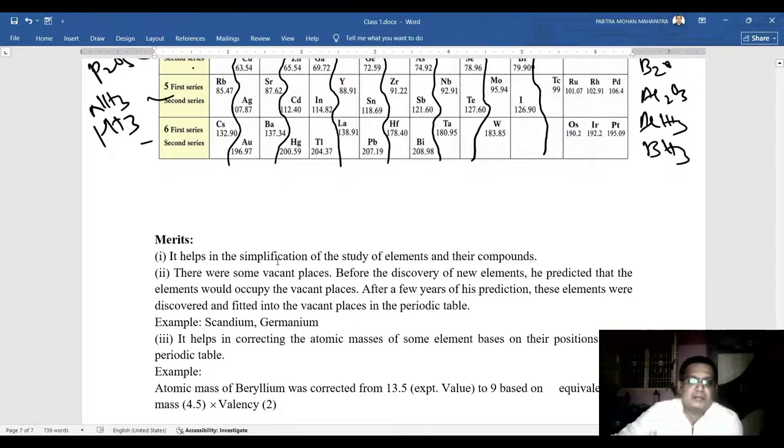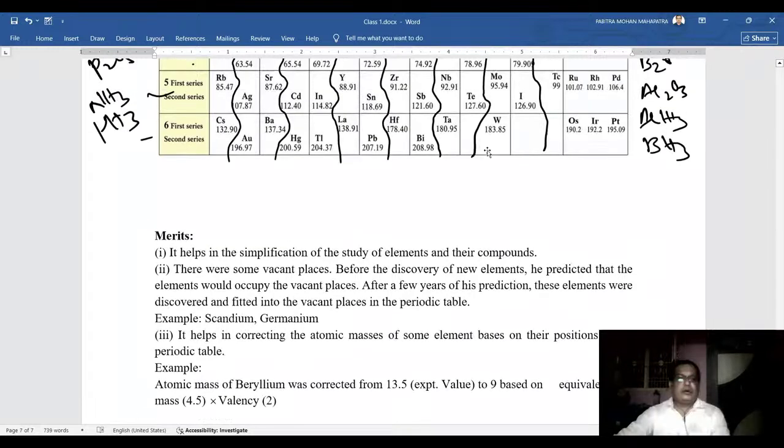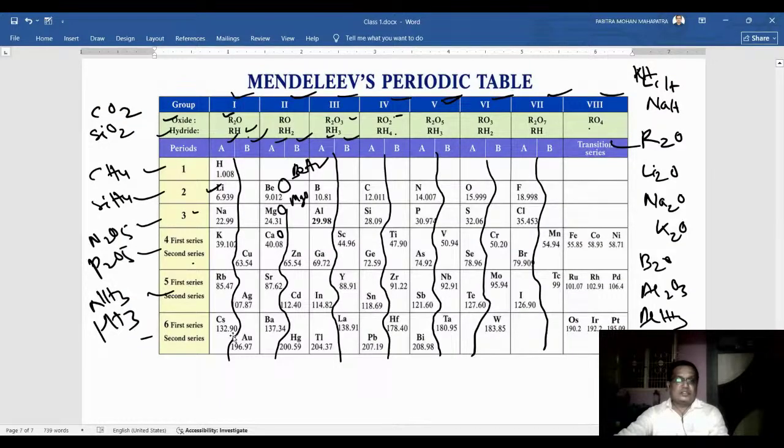It helps in the simplification of the study of elements and their compounds. Obviously, knowing about lithium, sodium, potassium, rubidium, cesium, they are present in a group. You clearly see that the oxides of these elements are simply R2O. When you see that carbon is present in group IV, then you know what the oxide and what the hydride is: RO2, RH4.